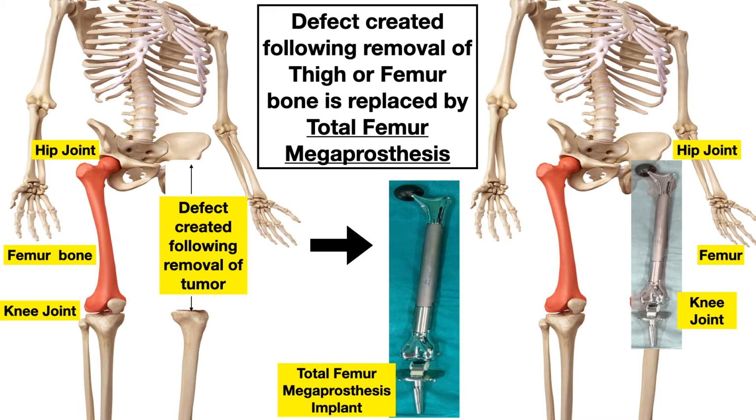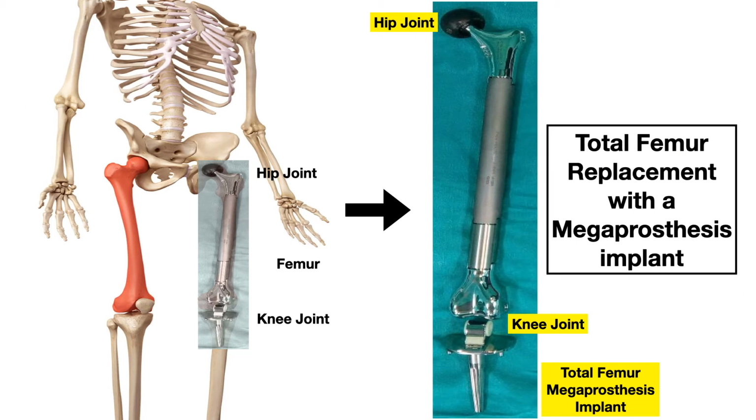This defect is replaced by an artificial prosthesis, that is a total femur megaprosthesis, and we are replacing the hip joint, knee joint and the thigh bone with an artificial implant.